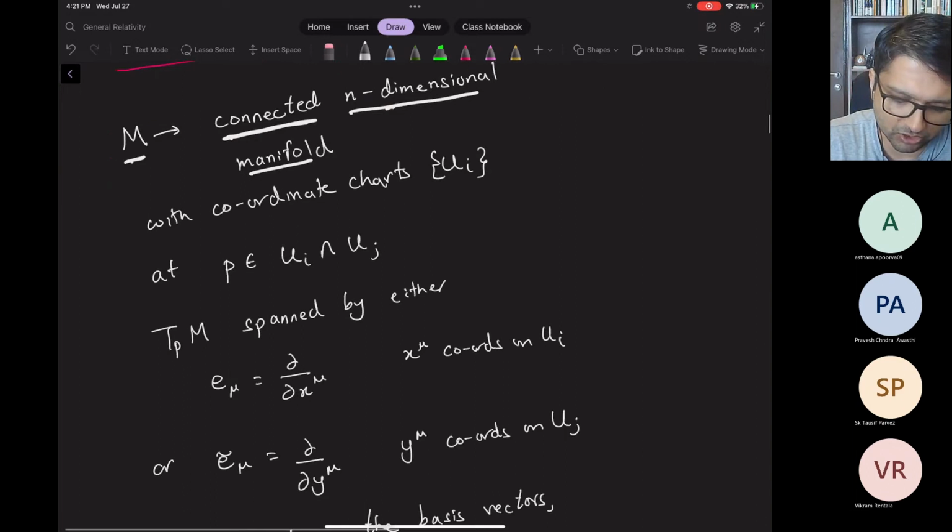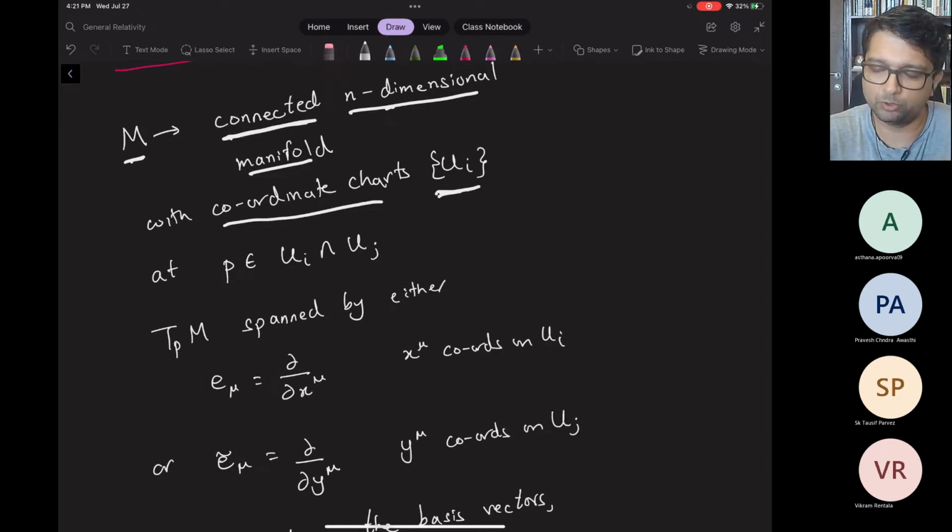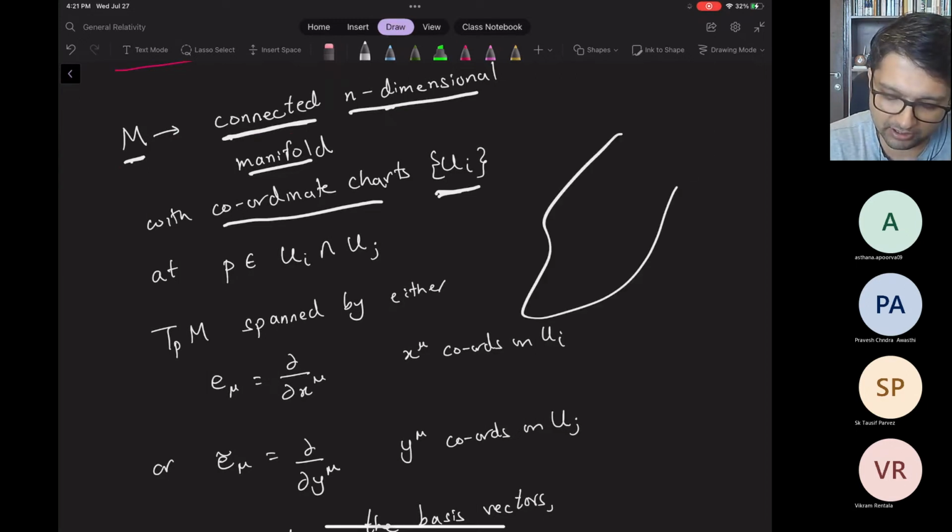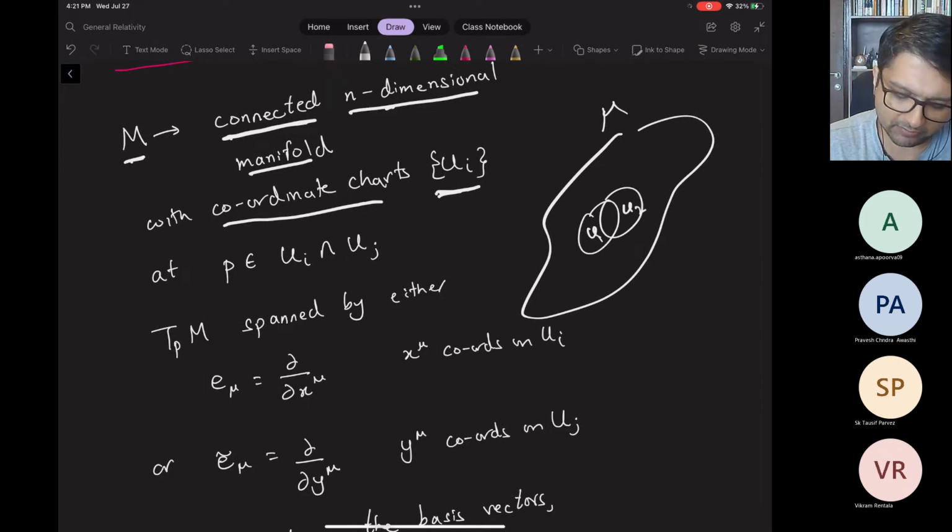So imagine that this manifold has various coordinate charts or coordinate patches U_i on the manifold. So there's a manifold M and various coordinate patches, let's say U1, U2, and so on, which cover the manifold.